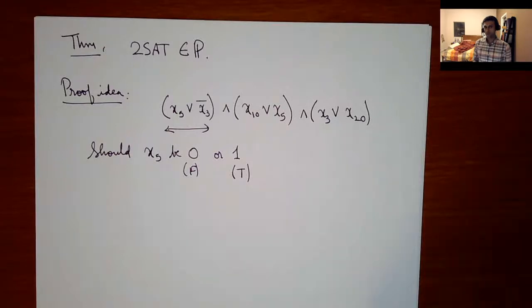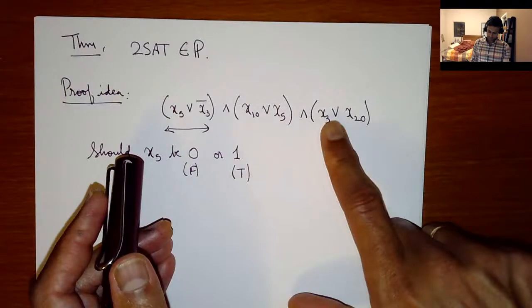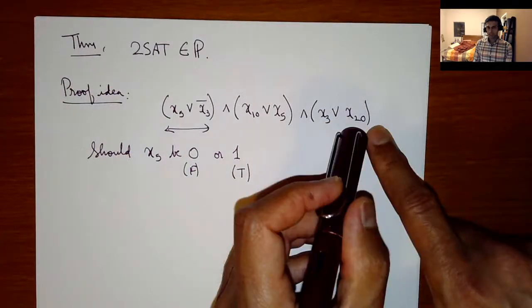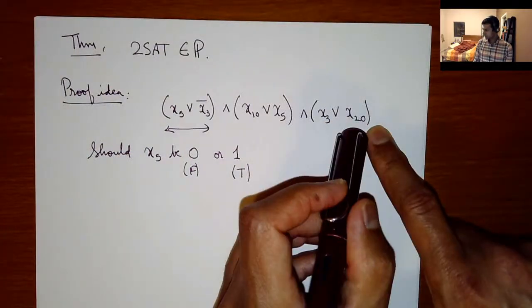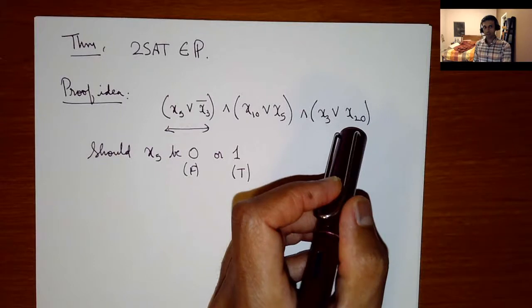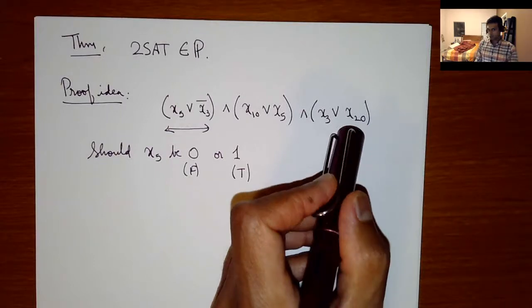What can you infer from that? Then x3 is forced to have a particular value, in this case false. Now x3 is false, so you go there, which forces x20 to become true, which may force something else to become true, so on and so forth.